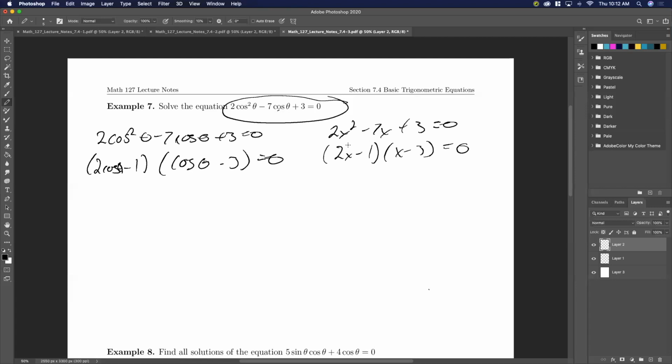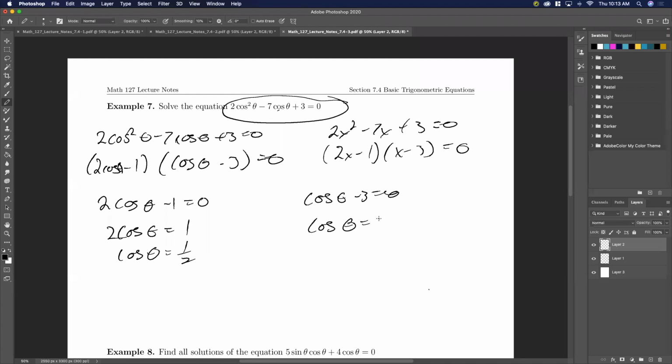We're going to do the same thing we would have done here and set both of them equal to 0. So I'll have 2 cosine theta minus 1 equal to 0, and cosine theta minus 3 is equal to 0. If I solve this out, 2 cosine theta equals 1, so cosine theta equals a half. Here, I'll get cosine theta equals 3.